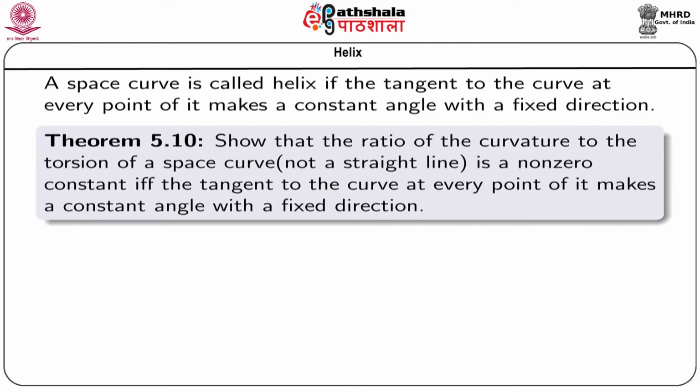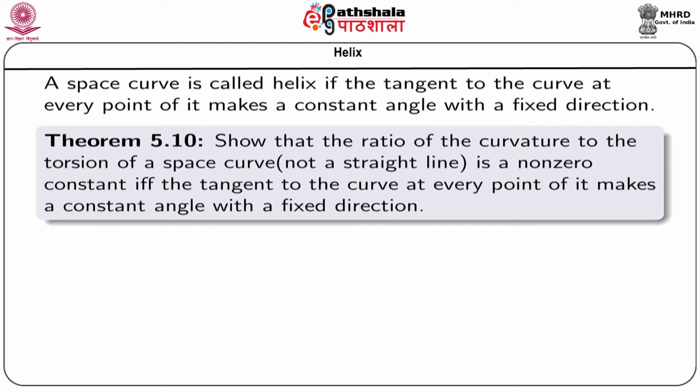Now, in a theorem we shall prove that the ratio of curvature to the torsion of a space curve is a non-zero constant if and only if the tangent to the curve at every point of it makes a constant angle with a fixed direction. That means, for a helix the ratio of curvature to the torsion is constant. That means, for the previous example it is a helix on a cylinder, because there the ratio of curvature and torsion is equal to a by b, which is a constant.